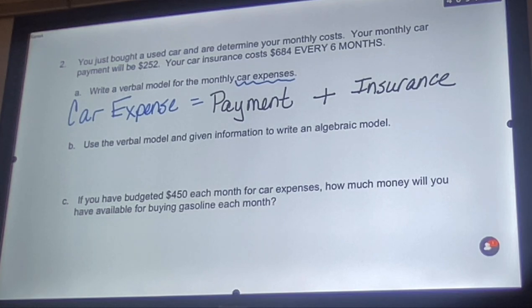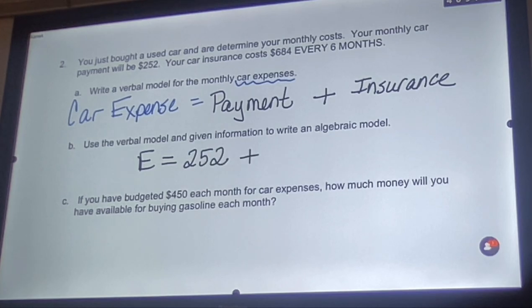Part B says use the verbal model to write an algebraic model. So I'm gonna use E for the car expense. Kenny, what is our monthly payment for our car? $252.